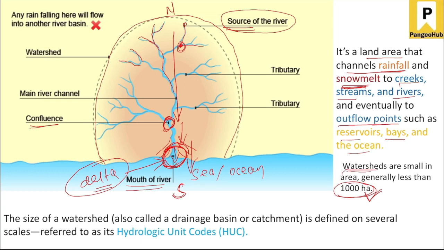If it is larger than that, then we will call it a river basin or a drainage basin system. So the size of the watershed, drainage basin, or catchment area is defined on several scales. One of the basic scales to define the size of the watershed is the hydrologic unit codes.